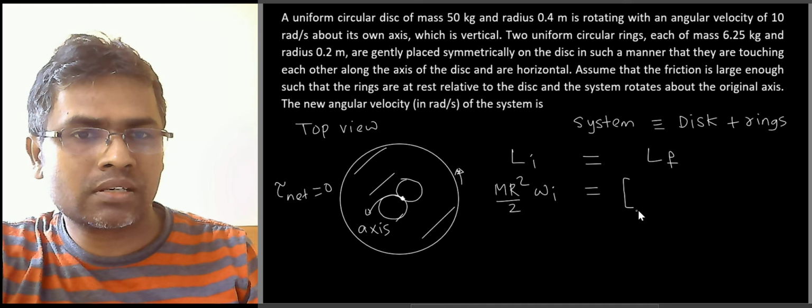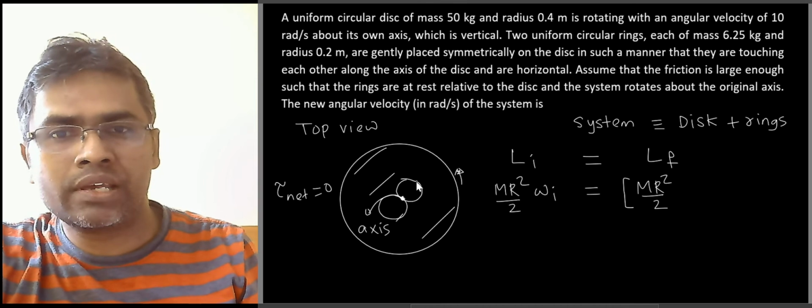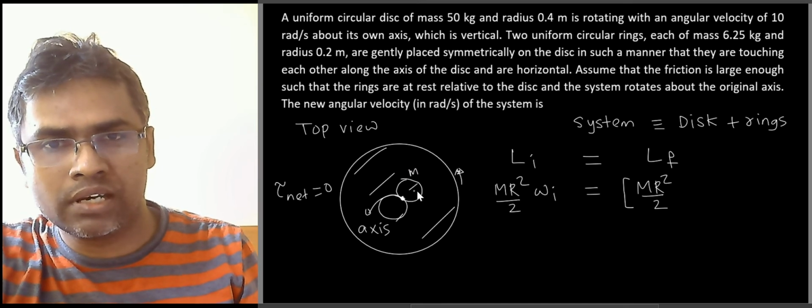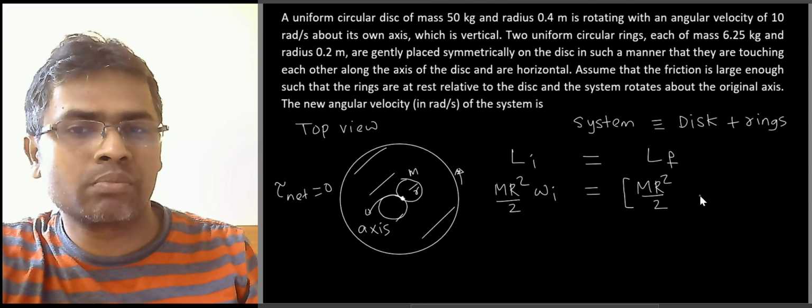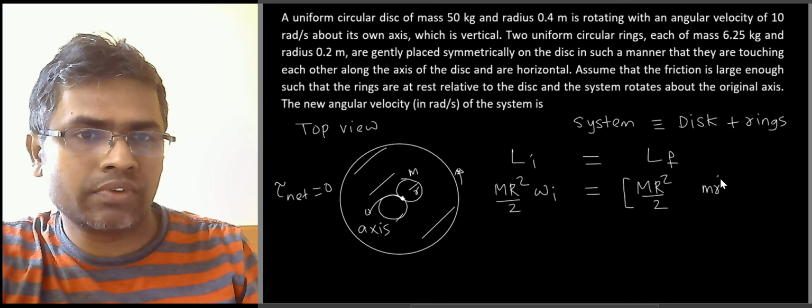So for the disk, there is no change. We still have m r square by 2. Now if I say that mass of each ring is small m and the radius is r, so we can write, had the ring been rotated about an axis passing through center of mass, then it would have been m r square.